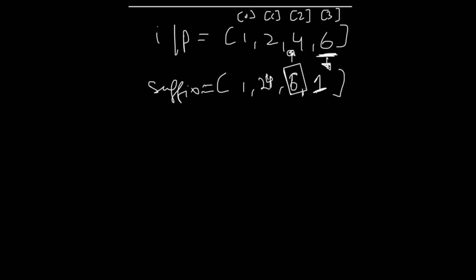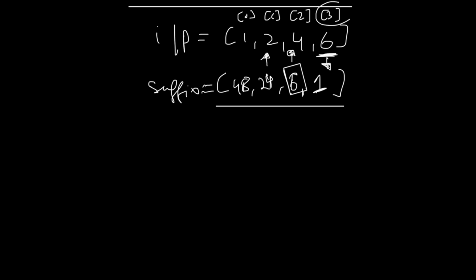And similarly for index 0, we will multiply 24 into 2, which is going to be 48. And the intuition behind it is we're storing the product of all numbers after a given number at an index.